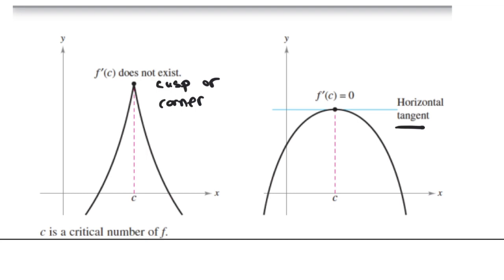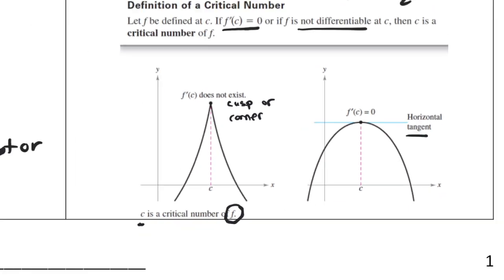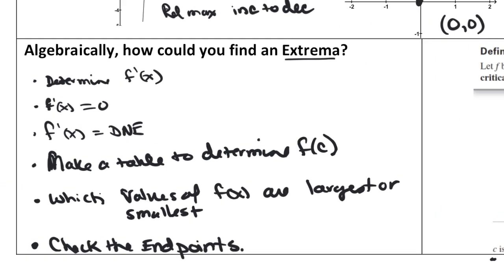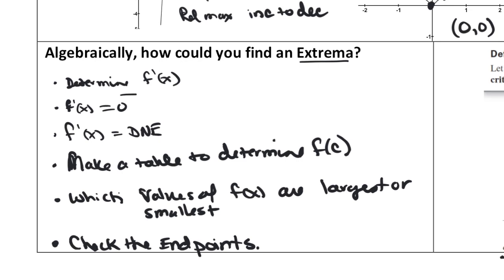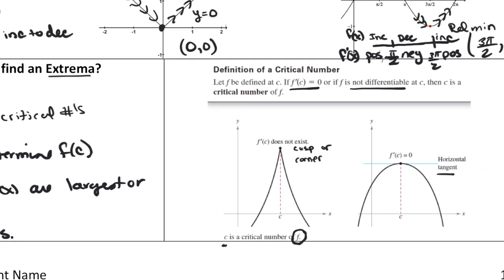So if either of these two things are occurring for your function f of x, then c is a critical number of f. So we could have simplified these directions and said, find the critical numbers. And once we have the critical numbers, those critical numbers are going to help us determine where the extrema occur.